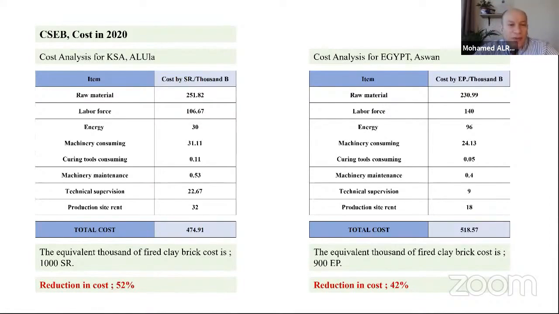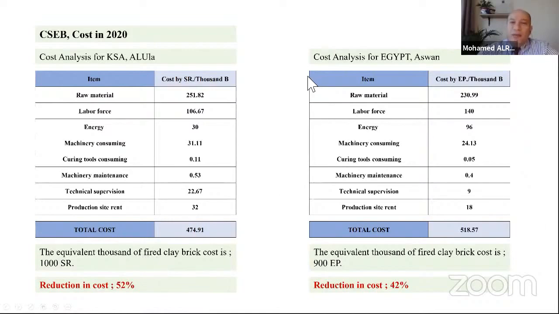When we applied our formula and fed it with all the basic information regarding the basic elements influencing the cost, we ended up finding that we could produce 1,000 of these bricks for 474 Saudi riyals. And this is about 52% less than the equivalent fired brick in this area.